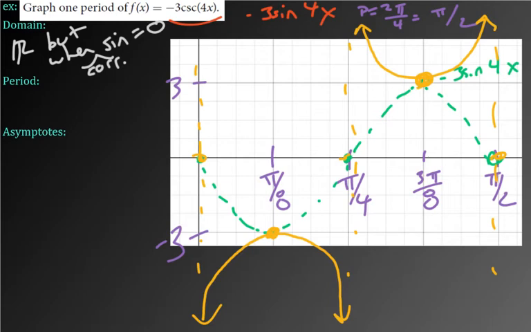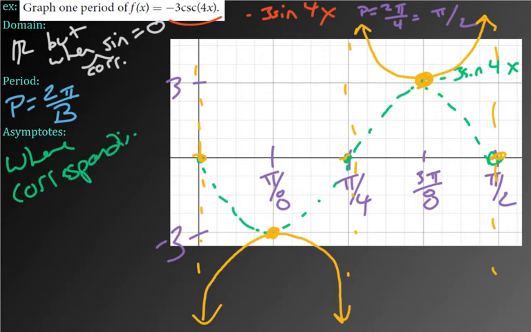The period is no different. You still calculate the period just by doing 2 pi over b. That's still there, okay? And the asymptotes are where the corresponding sine function is 0, right? So wherever this thing was 0 is where you're getting the asymptotes. And you truly get infinitely many of those asymptotes, right? It's just going to continue forever and ever and ever.